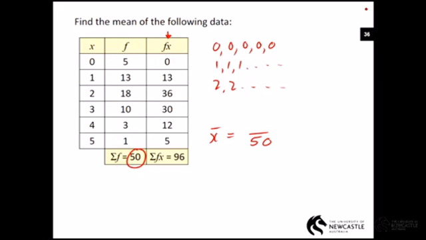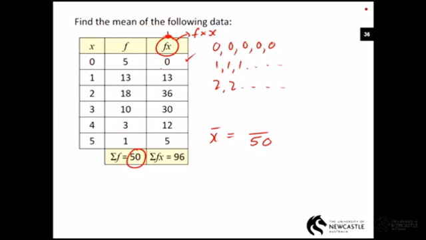But how do I add them all up? Well, I could go through manually and say, what's 0 plus 0 plus 0 plus 0 plus 0 plus 1 plus 1 plus 1, 13 times. All this fx column is doing is helping us. The fx literally means f times x. So if I've got 0 5 times, the sum of all those noughts is 0 times 5, which is 0.